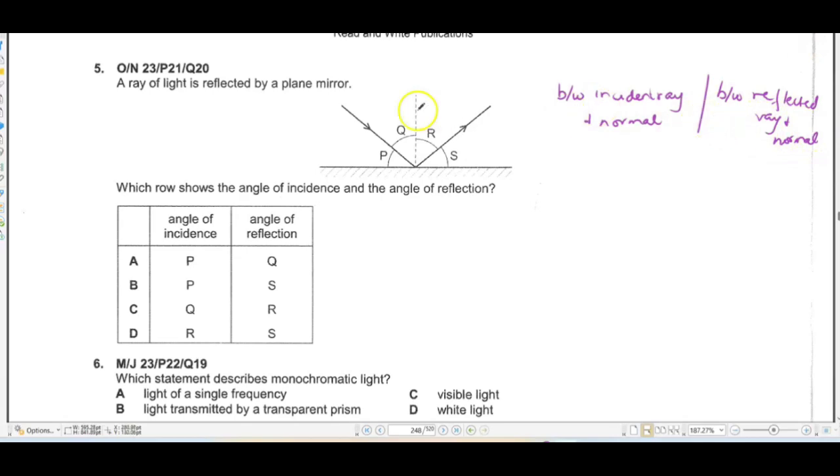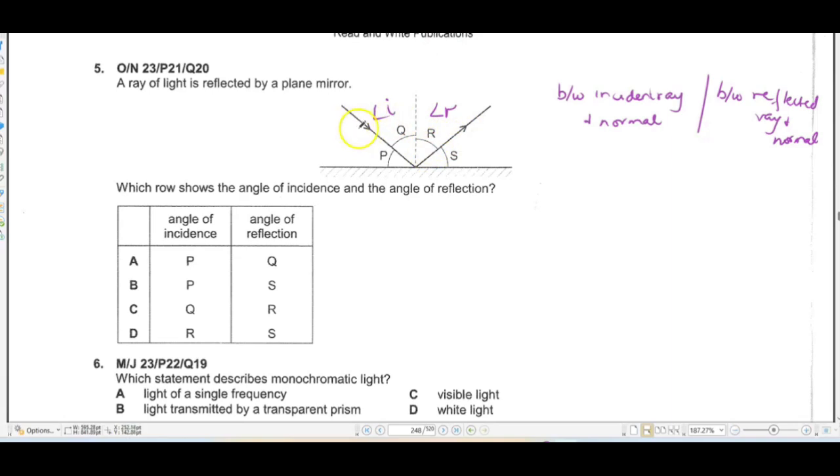So if we look at these two definitions, this is the normal. So this is the angle that is between the incident ray and the normal, so this is going to be the angle of incidence, and this is the angle between the reflected ray and the normal. So this is R.